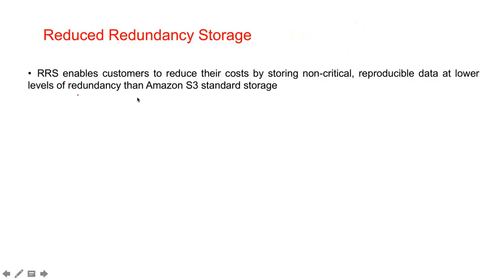So the amount of redundancy that you get from this RRS is lesser as compared to the standard storage. And the data that you store in the form of RRS should be not critical, which means less important, and reproducible, which means you can generate it from any other source.